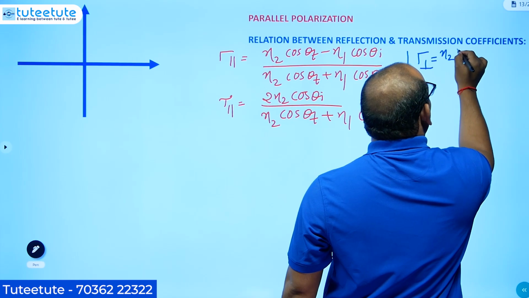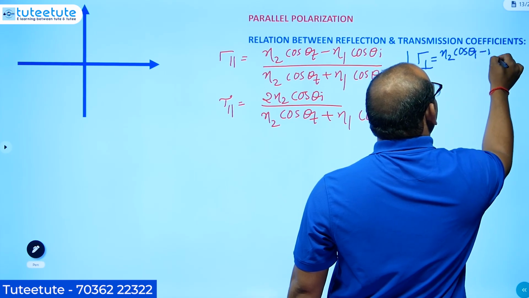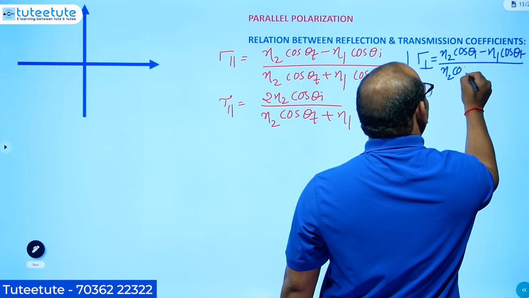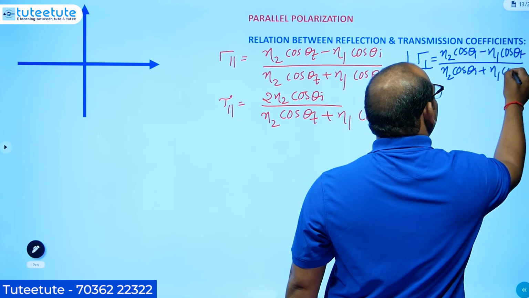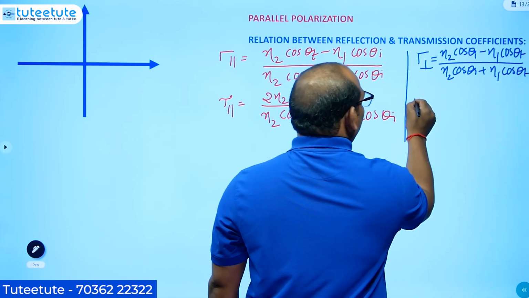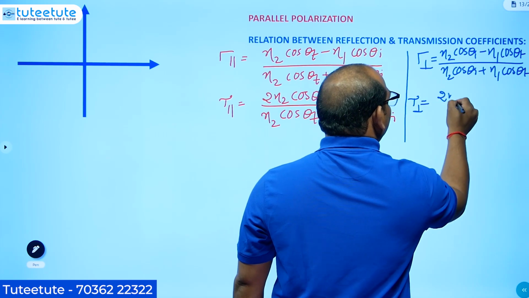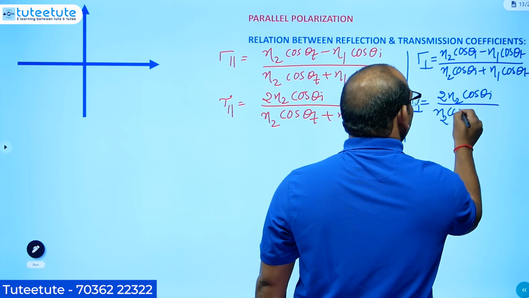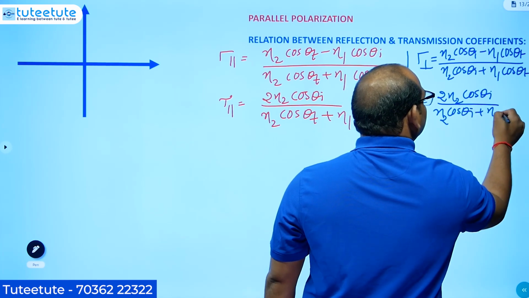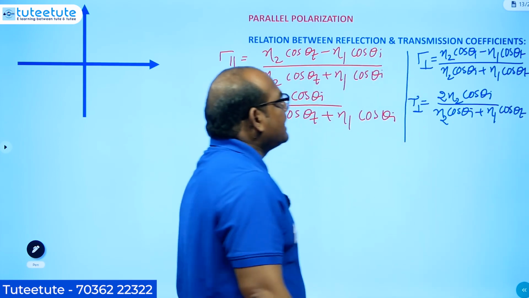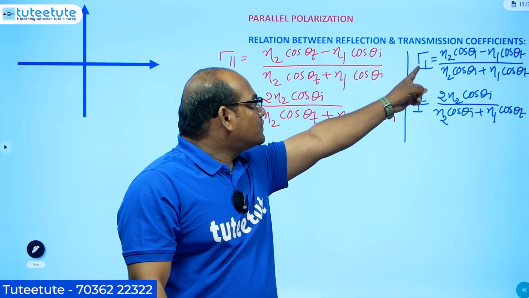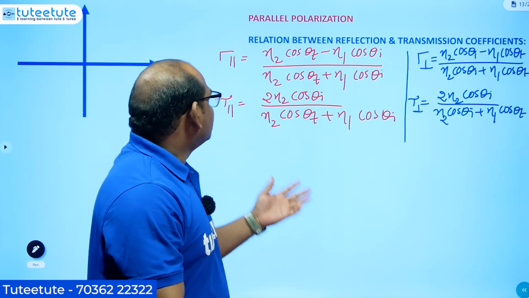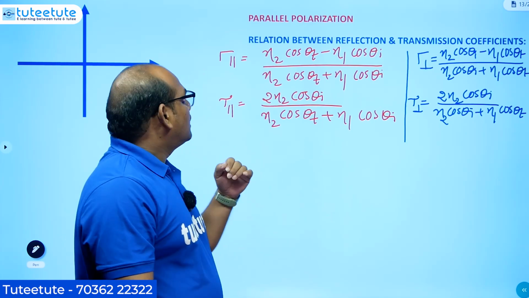That is eta 2 cos theta I minus eta 1 cos theta T by eta 2 cos theta I plus eta 1 cos theta T. Now tau perpendicular is equal to 2 eta 2 cos theta I by eta 2 cos theta I plus eta 1 cos theta T. These are the equations we got for reflection coefficient and transmission coefficient in case of perpendicular polarization, and these are in case of parallel polarization.